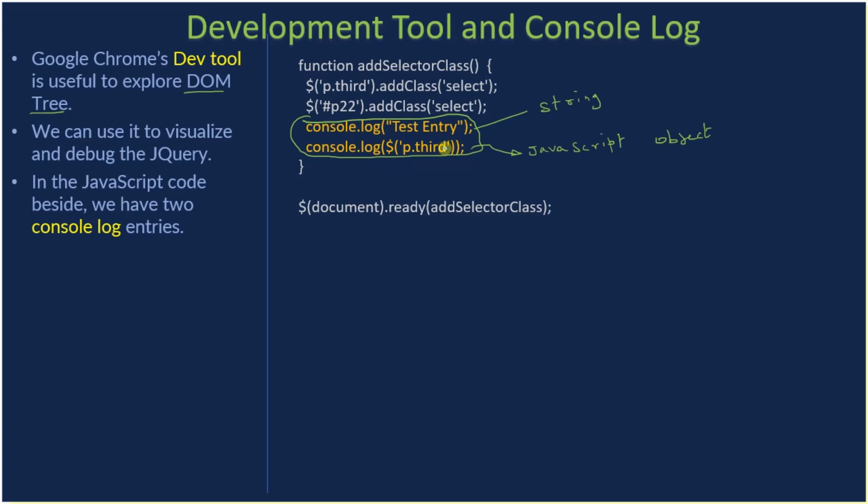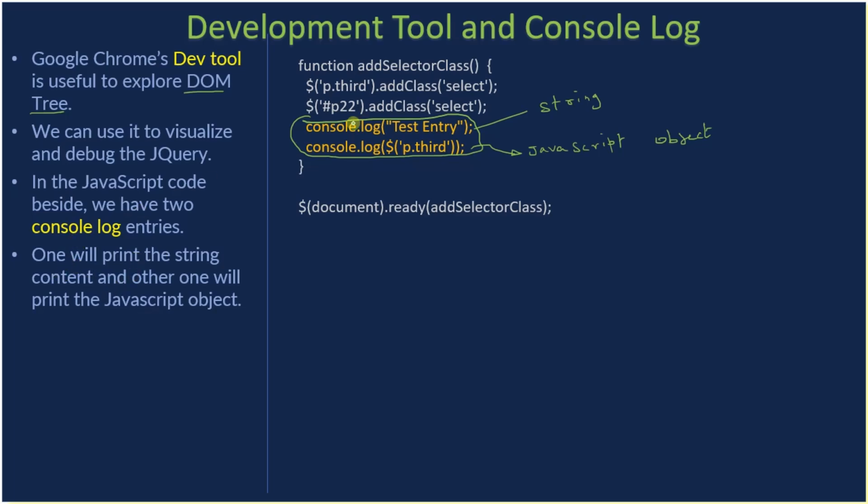Now let's go to the demo and see how we can explore these logged entries. One will bring the string entry, and the other one will print the JavaScript object. So there are two things we are printing in the console.